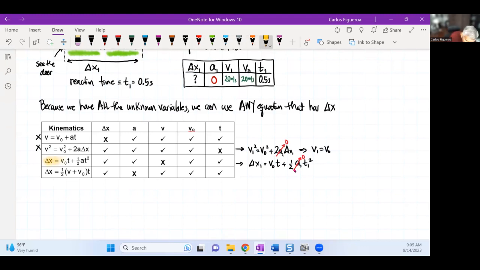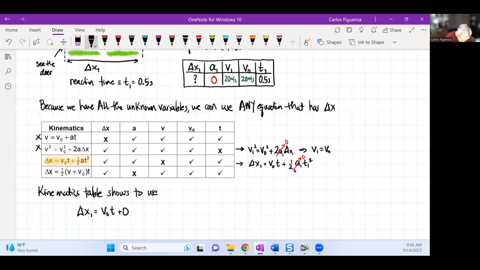So the kinematics table shows to use delta x1 is equal to v initial t. And remember, that other term is 0.